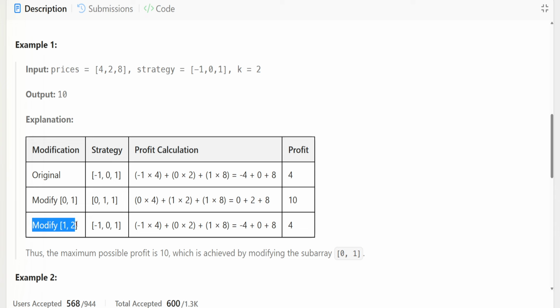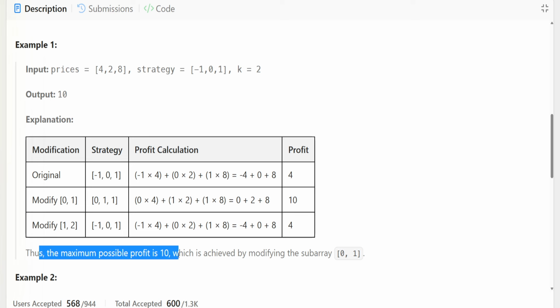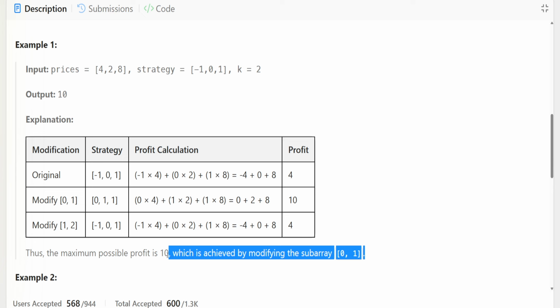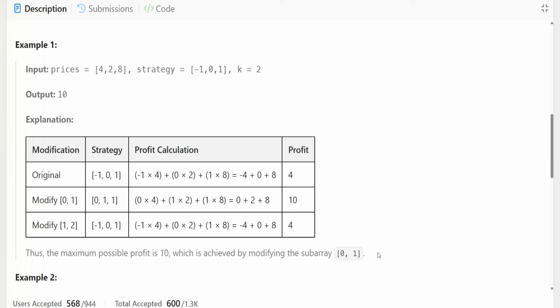Like that, you modify the others too, and if you observe, the maximum profit we get is here. So the maximum possible profit is 10, which is achieved by modifying the consecutive subarray at 0 and 1, and we return profit 10.